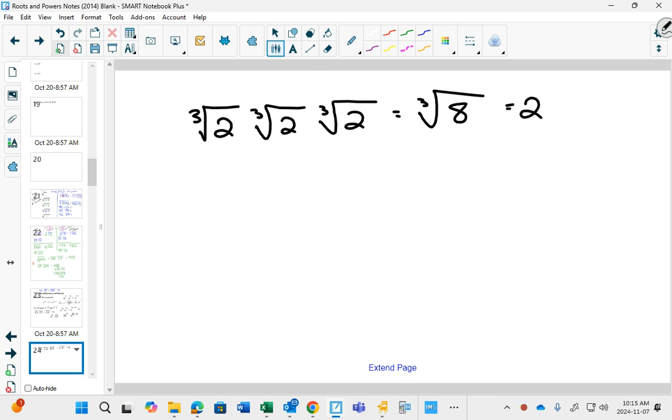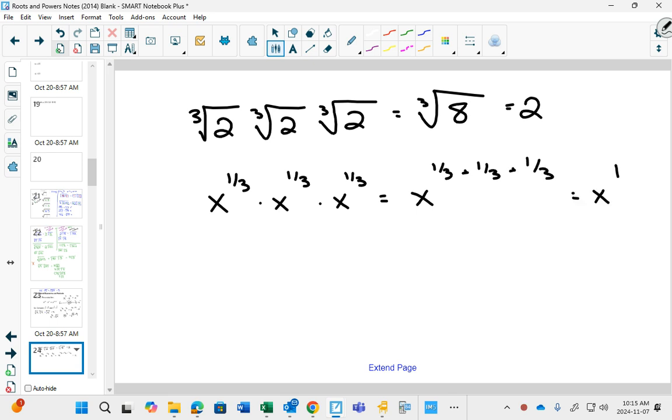If you did a third, and multiplied by a third, and multiplied by a third, and you use the adding exponents law, can you see that you would get 1/3 plus 1/3 plus 1/3, which adds up to 1.